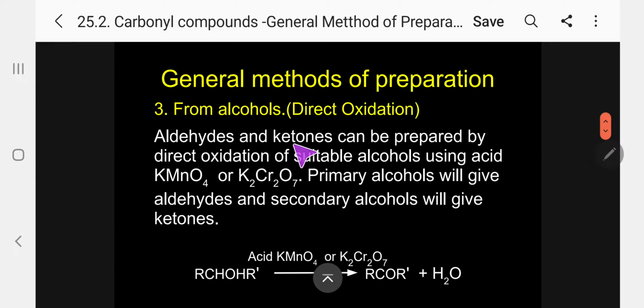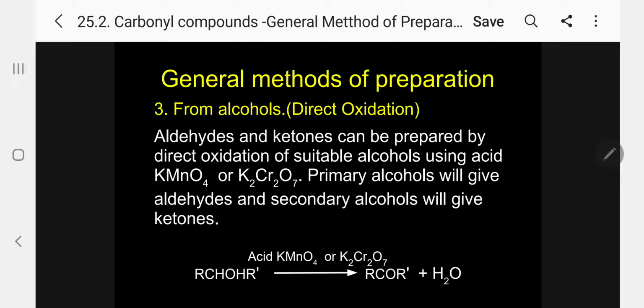Kindly follow. The third method is from alcohols, we can get aldehydes and ketones by taking suitable alcohols. Primary alcohol gives the corresponding aldehyde.